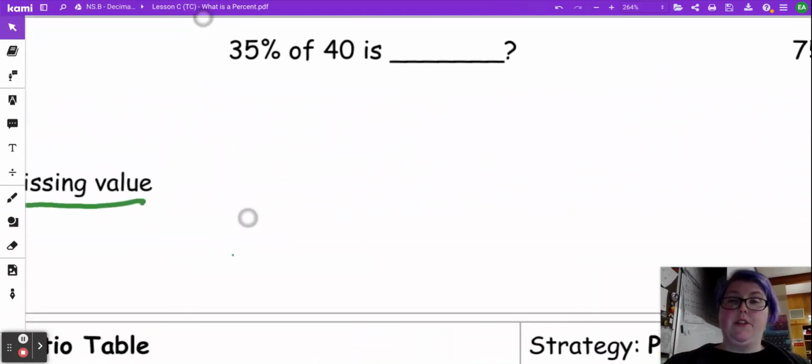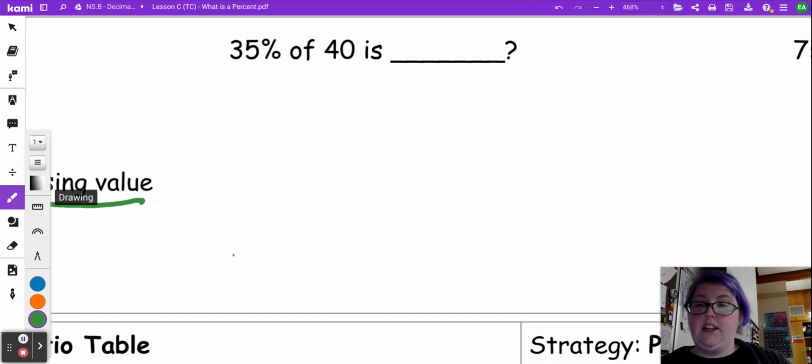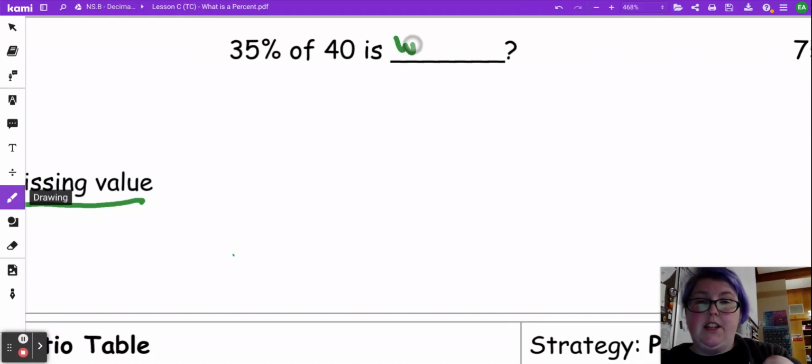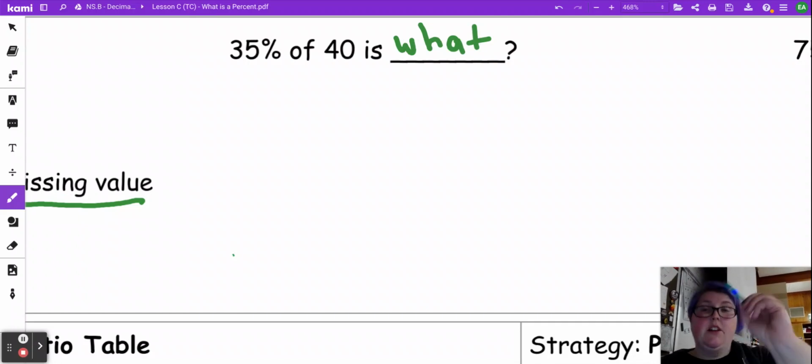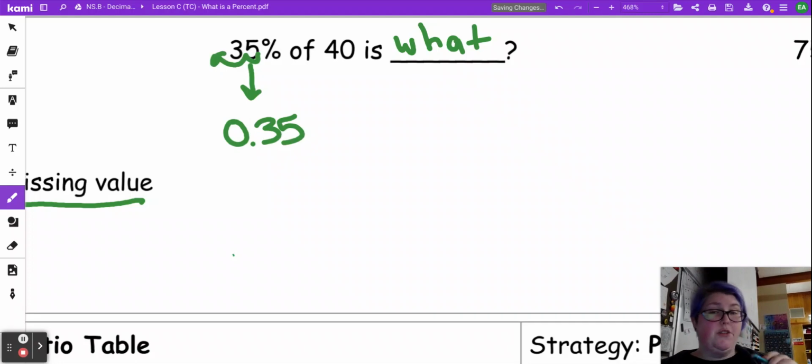So 35% of 40 is blank. Well, often in math, you're going to hear this is what? So let's translate our percentage, first of all, into a decimal. We know that we move that decimal 2 places to the left. So this becomes 35 hundredths.